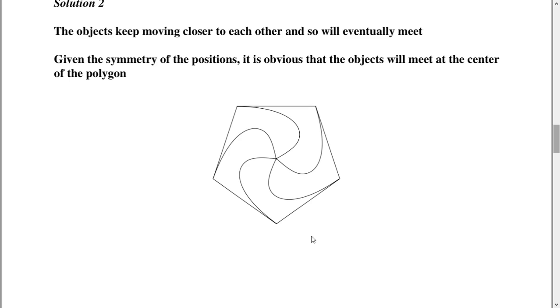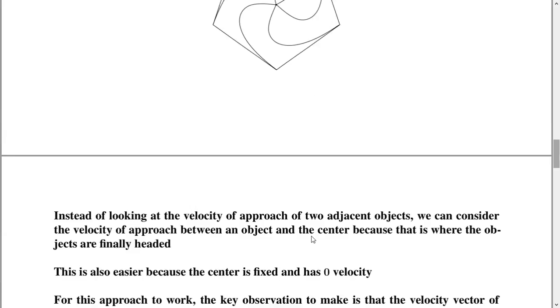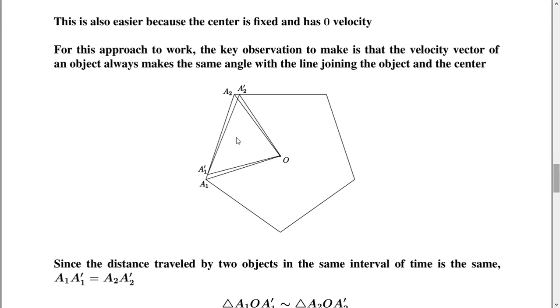One of the key things that you must observe is that at any point in time, this angle theta is going to be the same. It doesn't change. You can use simple geometry to figure that out.